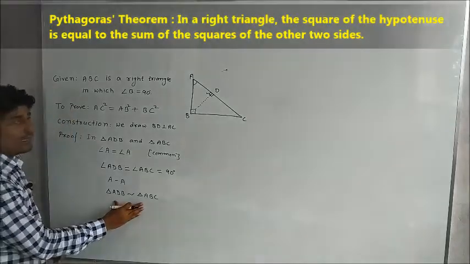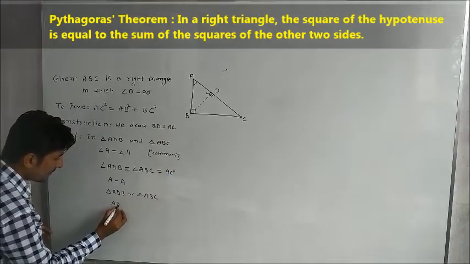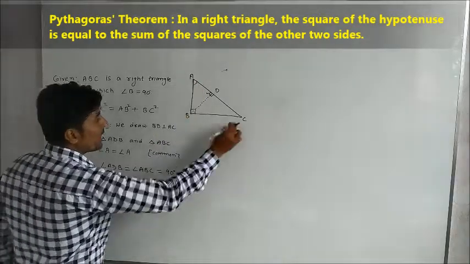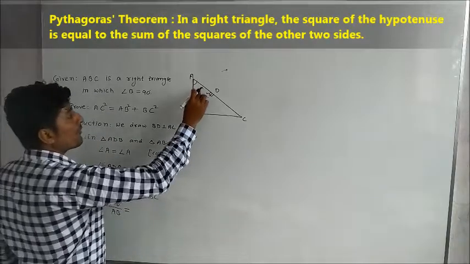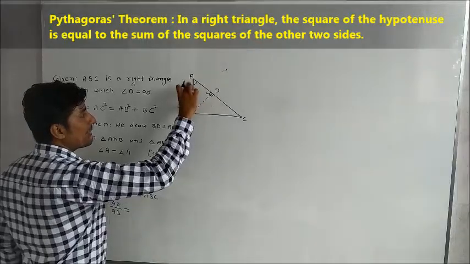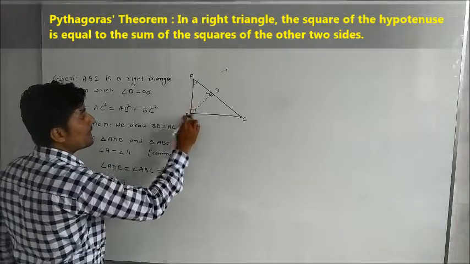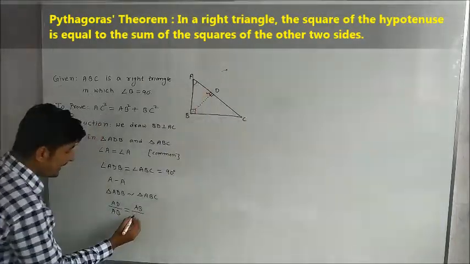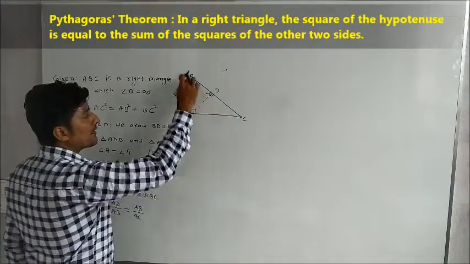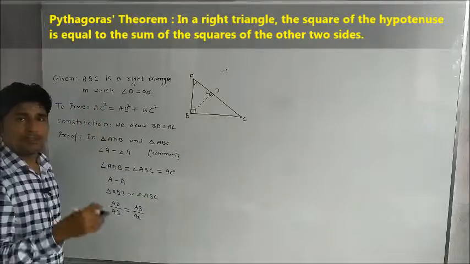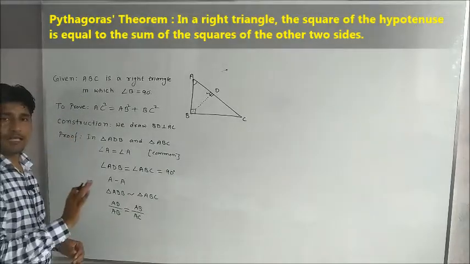Since both the triangles are similar, hence we can write here, side AD of this triangle upon side AB of triangle ABC is equal to, from triangle ADB, side AB, then in triangle ABC the corresponding side AC. We can take the third side, BD, and the corresponding side BC, but there is no need to take the ratio of the third side. By taking the ratio of two sides, we will be able to prove.